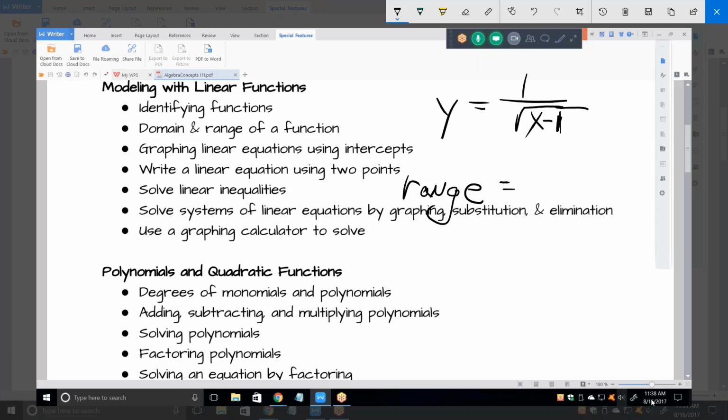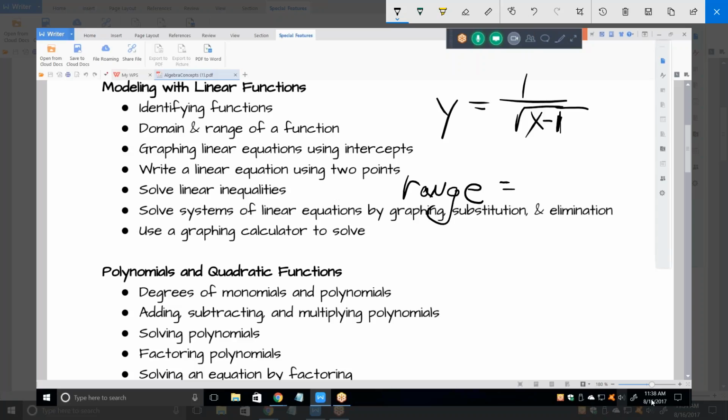First of all, can y be negative? Is there any way to make y negative? No, because no matter what x is, the square root of it is going to be a positive number, and I have 1 divided by a positive number. So the very first thing we know is that y has to be positive.